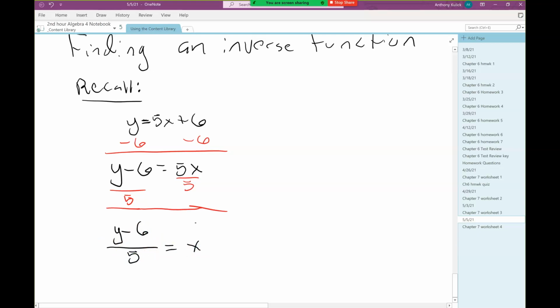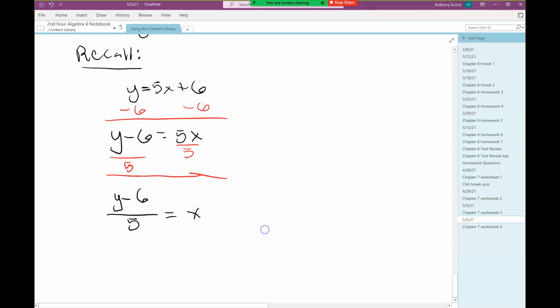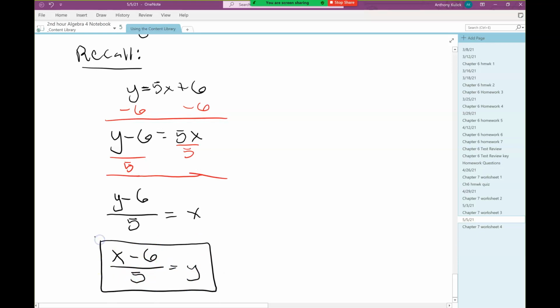Now the x is by itself, so my last step then would be to swap the x and the y, and that would be my inverse function. Everybody's okay with that?